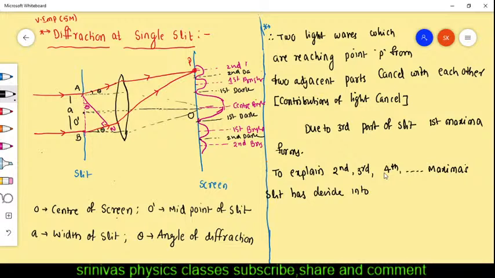How many equal parts do we have to divide it into? Into odd parts, that is 5, 7, 9 and so on, equal parts respectively.